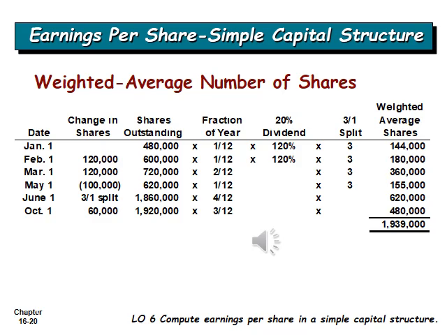The third line. On March 1st, we added 120,000, which is the stock dividend, in addition to the amount before, 600,000. So we have a total of 720,000. This amount remains for 2 months, times 2 over 12.